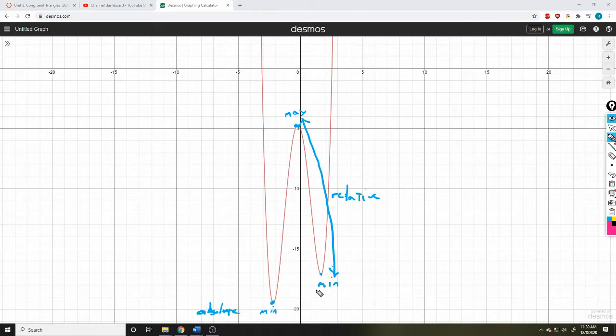First off, our derivative here at these points ends up being a horizontal tangent. So if I look at that point and draw the tangent line, it would be horizontal.